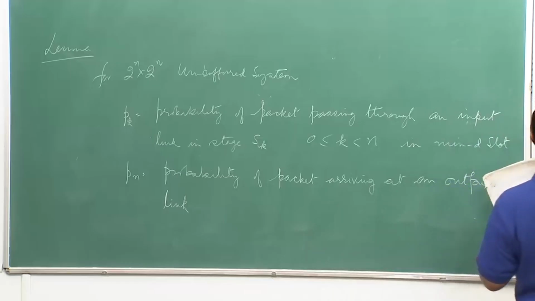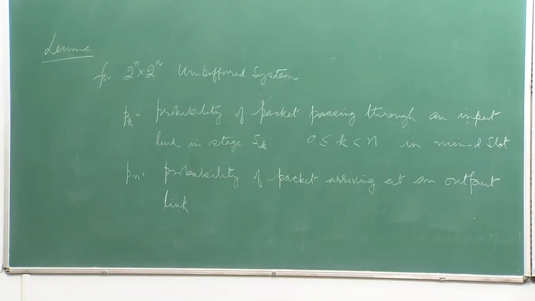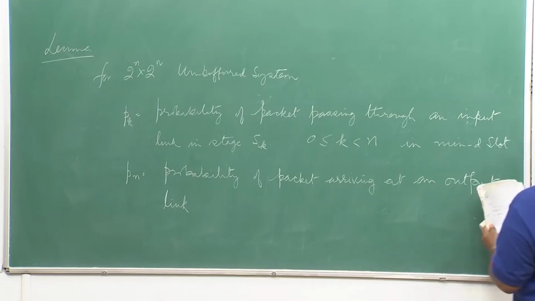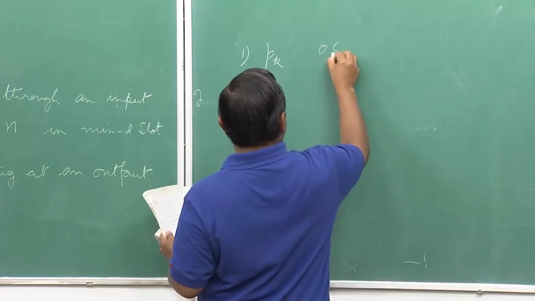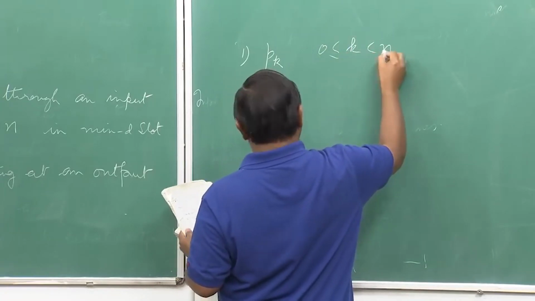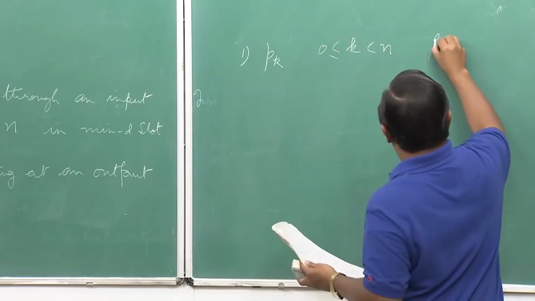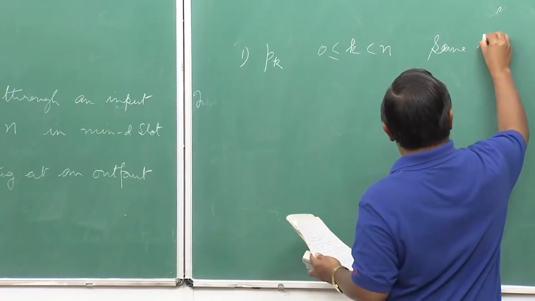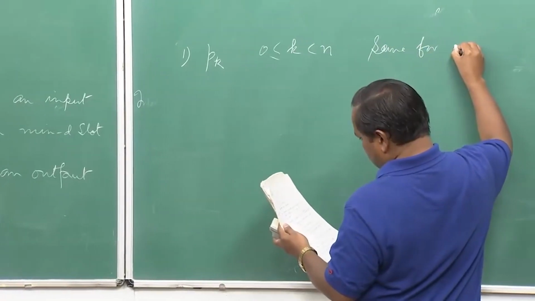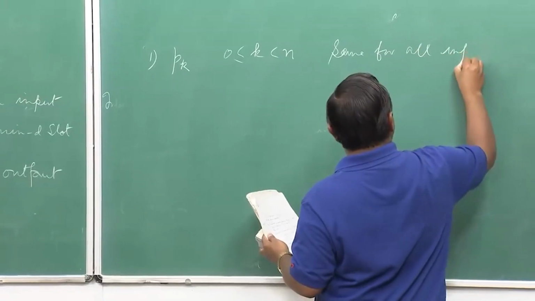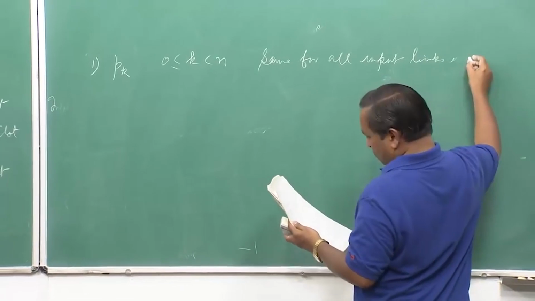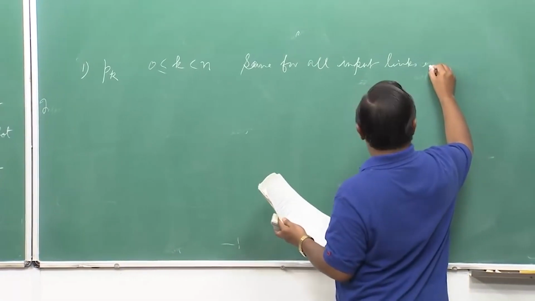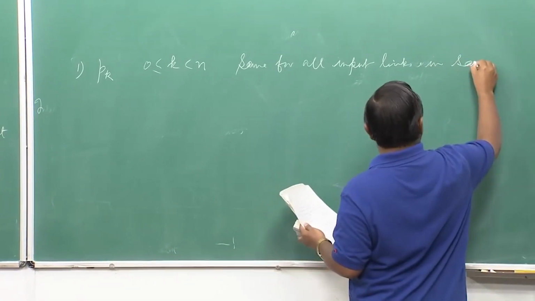Now, an important thing: Pk for 0 less than k less than n is the same for all input links in the same stage.